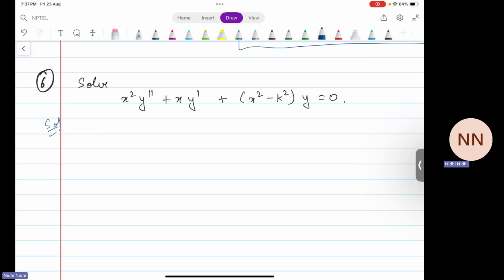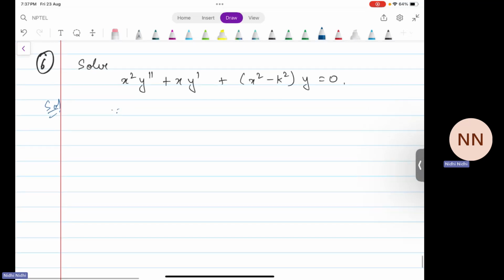Again, x equals to 0 will be a regular singular point. This implies there exists a solution by Frobenius of the form summation n from 0 to infinity Cn x to the power n plus r.